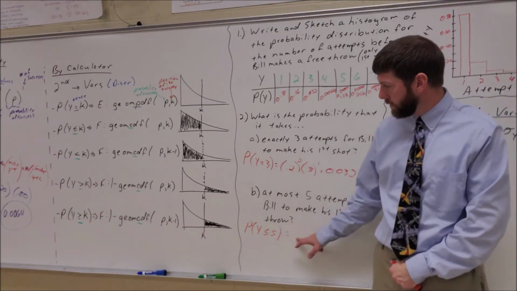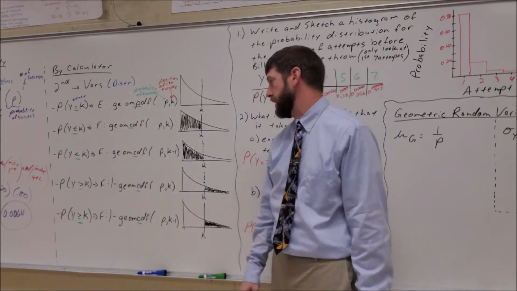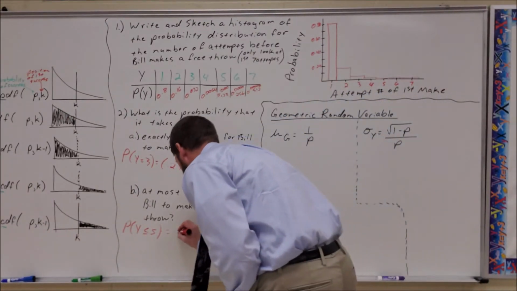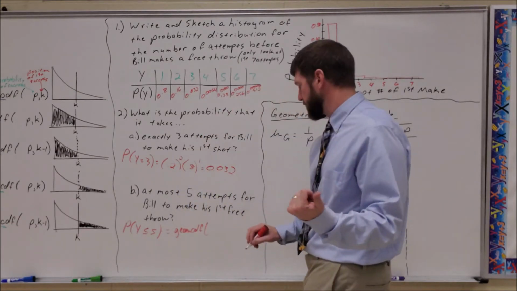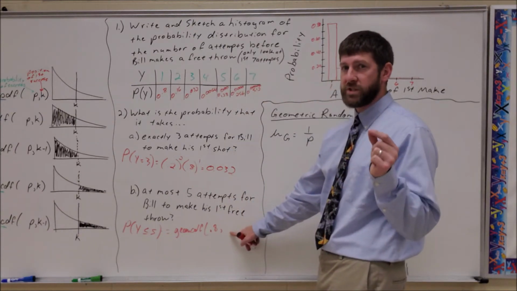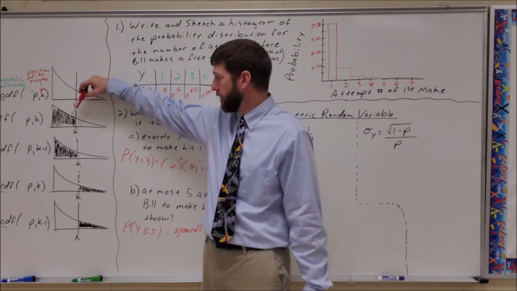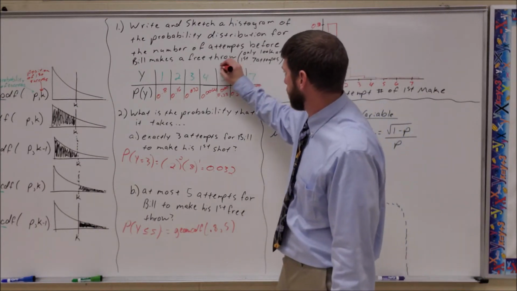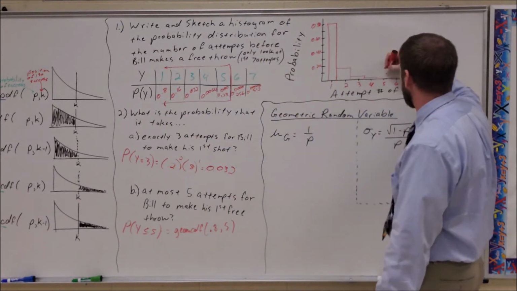All right, guys, hopefully you recognize that less than or equal to is just the normal geometric CDF function. So when I go geometric CDF, my p is my probability of success, that's 0.8. My successful trial is the 5th trial, so it's going to calculate from 5 all the way back to making it on the 1st. Same thing I could have got if I had just added up all of those probabilities right there.